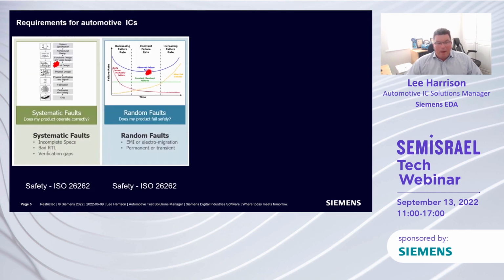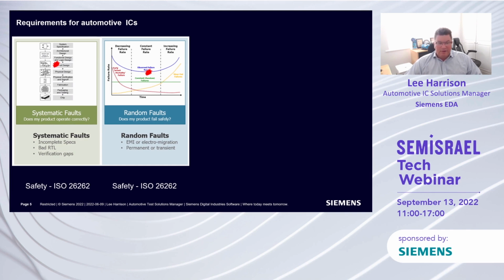So from an IC perspective, what does that really mean? ISO 26262 covers two real scenarios. One is what we call our systematic faults. So is the device designed correctly?